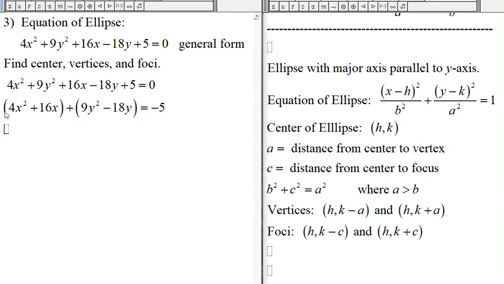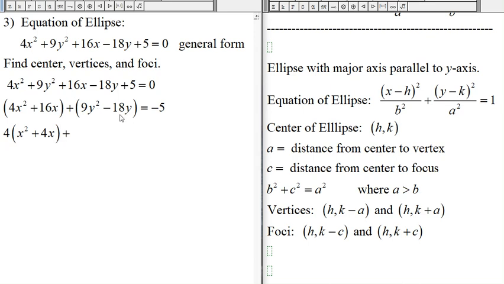And then next, factor out the 4 here, and then factor out the 9 here. So to factor out the 4, you just put a 4 in front of the parentheses, and then divide everything by 4. Dividing 4x squared by 4, we get x squared. Dividing 16x by 4, we get 4x.